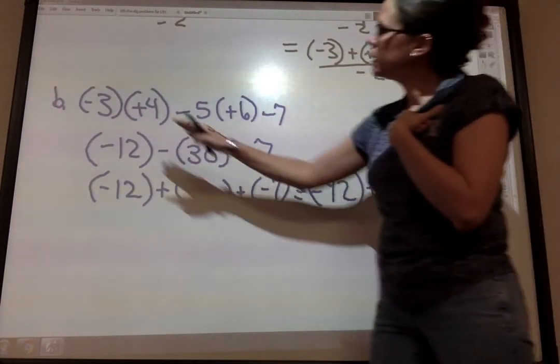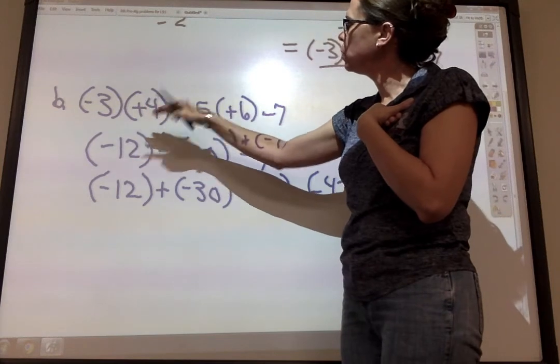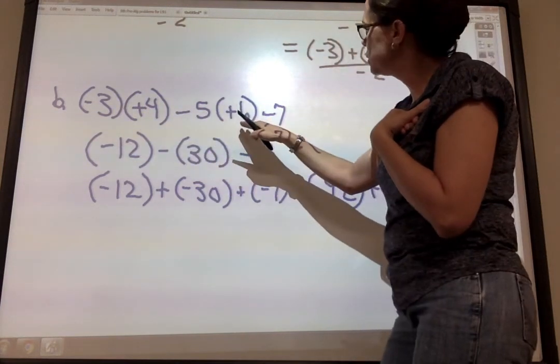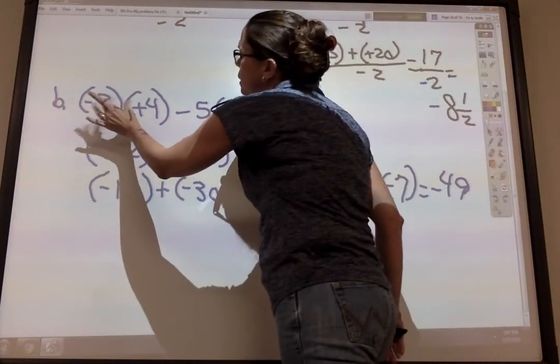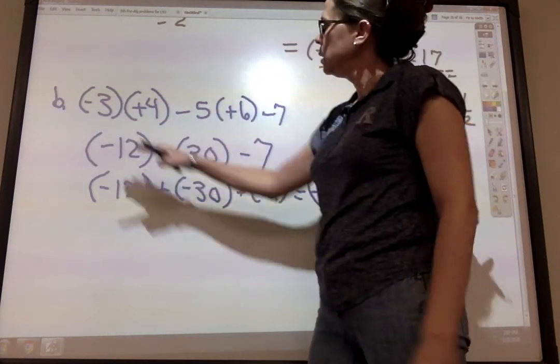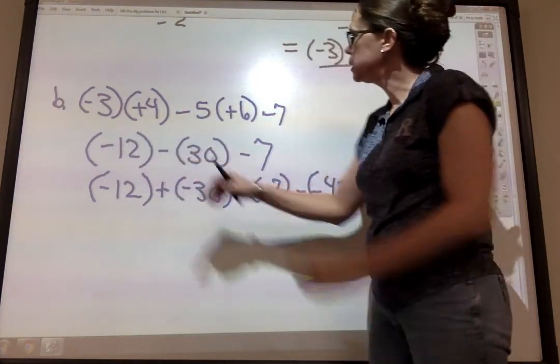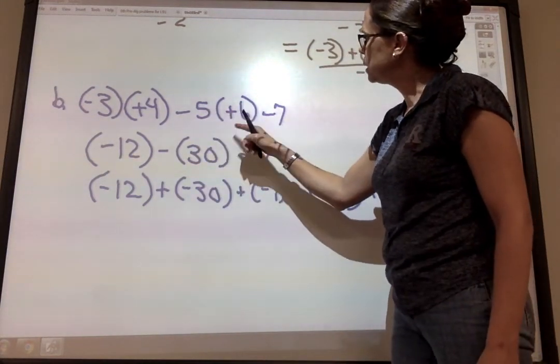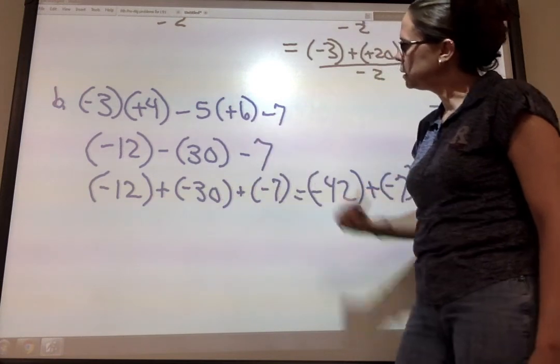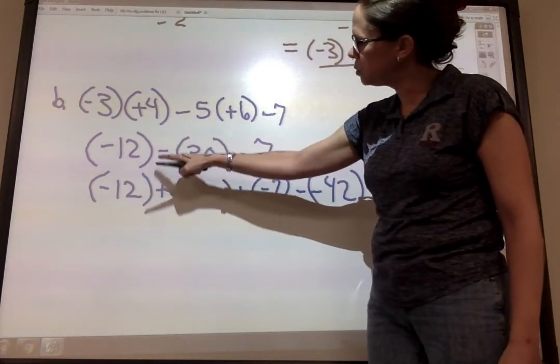Okay, last one. -3 times +4 minus 5 times +6 minus 7. Well, hopefully you saw that this multiplication needs to happen first. -12 minus, then this multiplication. 5 times +6 is 30 minus 7. Now I'm going to get rid of my subtractions.